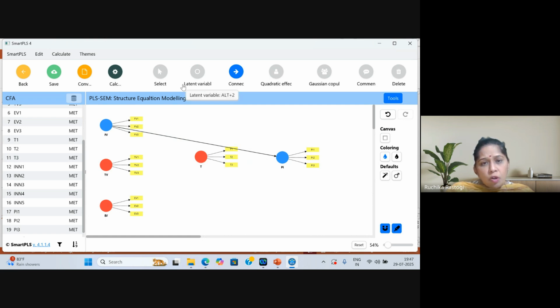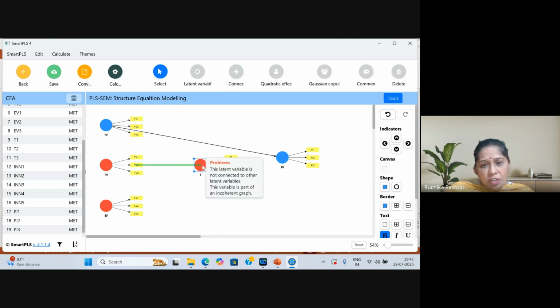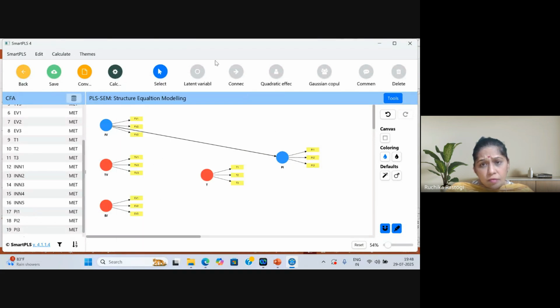So all the variables should first be connected directly. That means all the independent variables should have connectivity with the dependent variable. Then all will be connected to trust, and trust will be connected to PI.